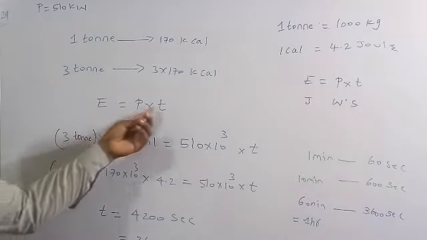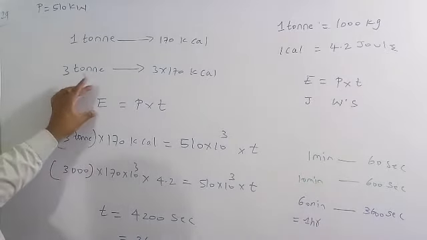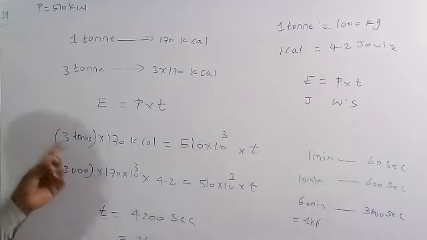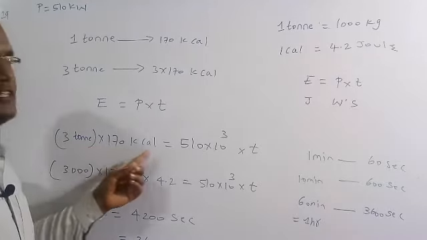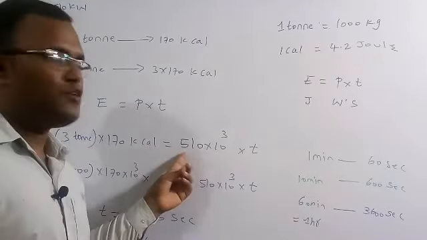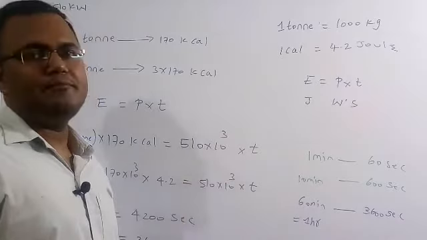So energy is equal to power into time. The total amount of energy for melting 3 tons is 3 ton into 170 kilocalorie, equal to power, which is 510 kilowatt, so 510 into 10 to the power of 3, times time t.